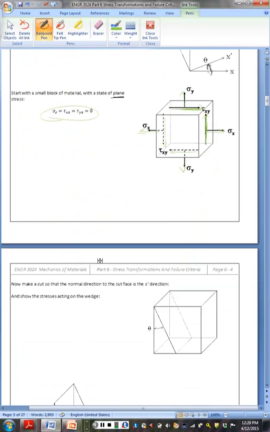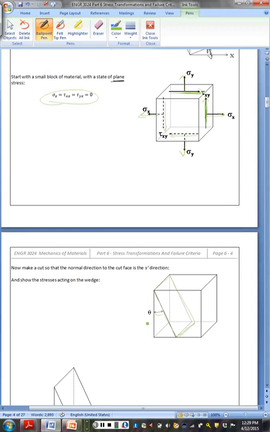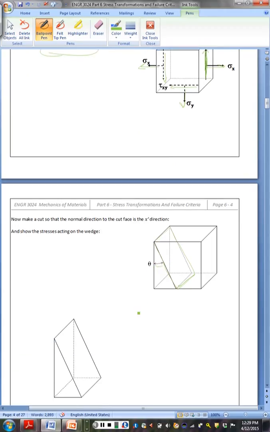Now we're going to take a section, we're going to take a cut in our new x prime direction, and that's indicated by this plane slicing through the cube, at this angle theta through our cube.